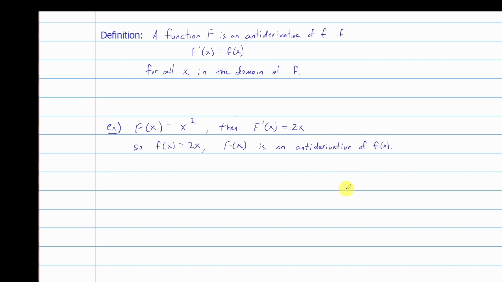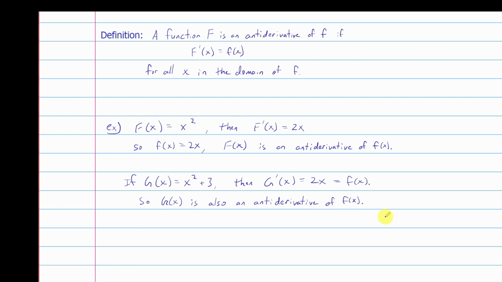But there are other functions that are antiderivatives of little f. Let's suppose that capital G of x is x squared plus 3, then G prime of x is 2x, which is also equal to little f of x.